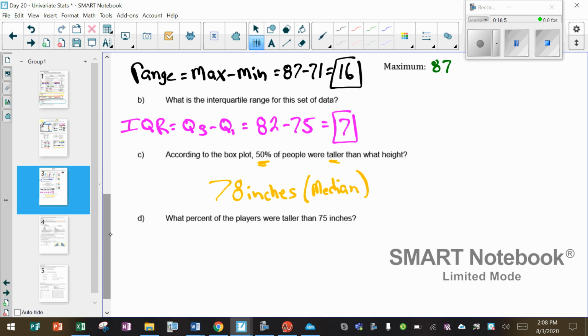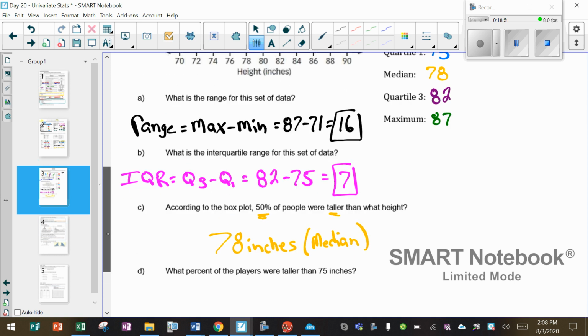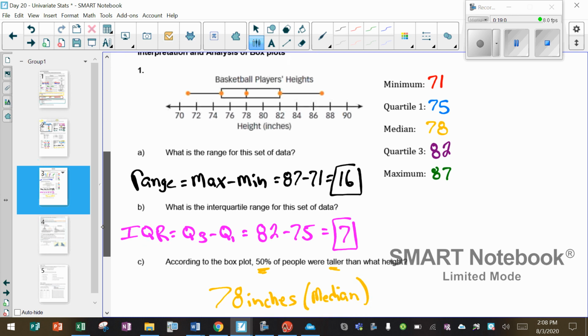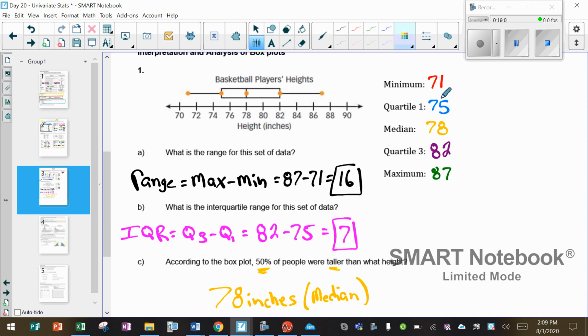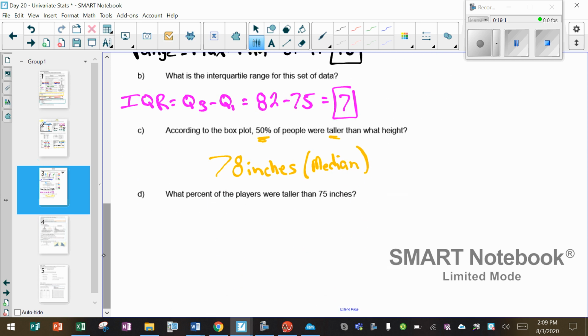What percentage of the players are taller than 75 inches? Percent of the players. So the 75 is our lower quartile score. That's Q1. That is our 25th percentile. Now, percentile scores measure the percentage of people at or below a certain value.